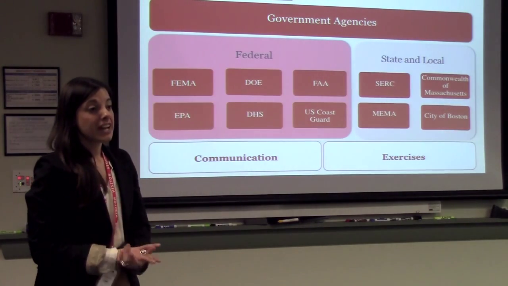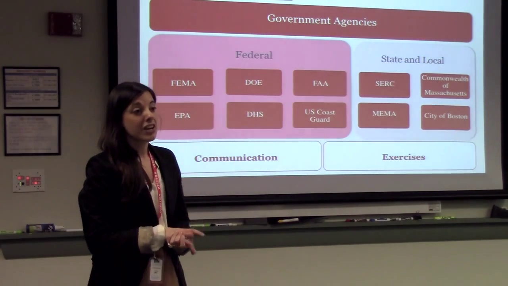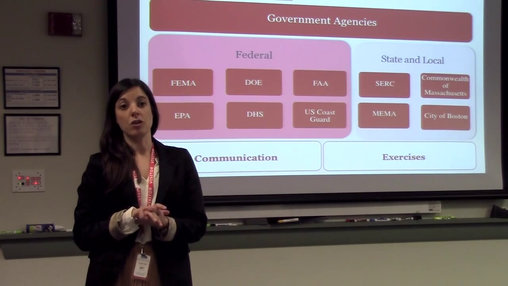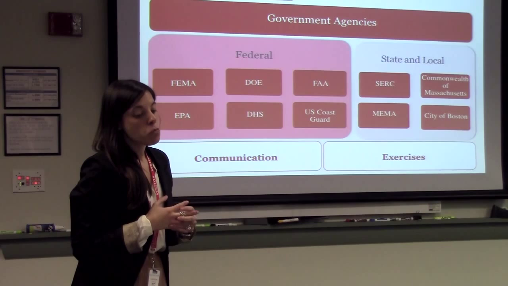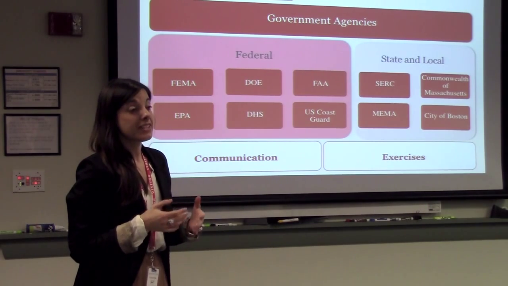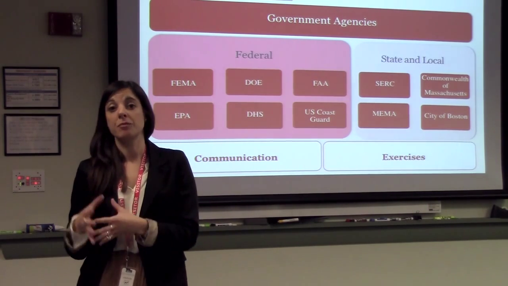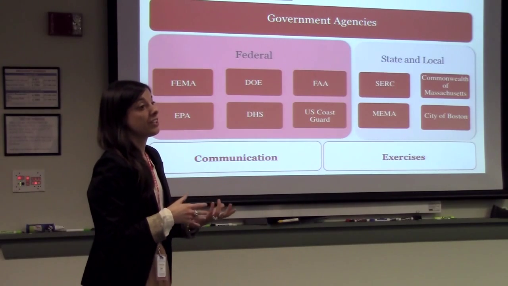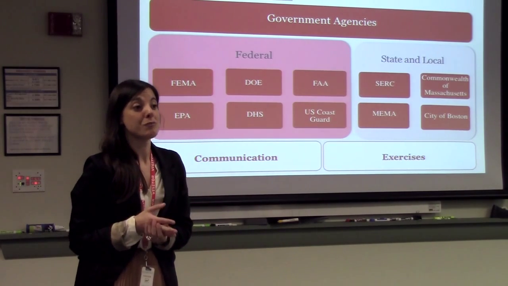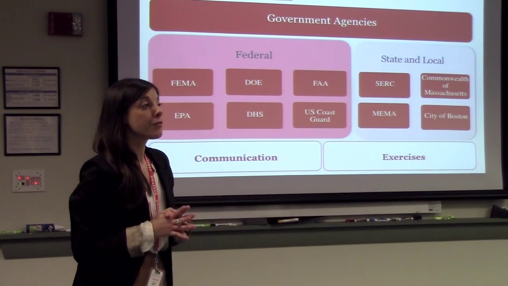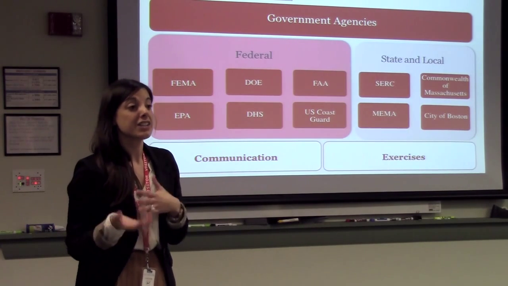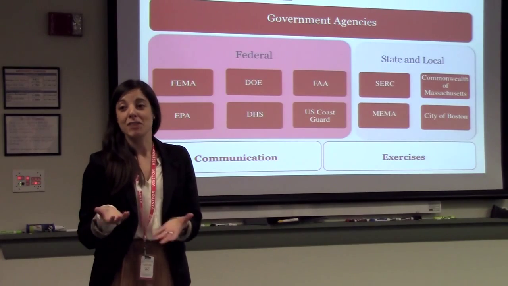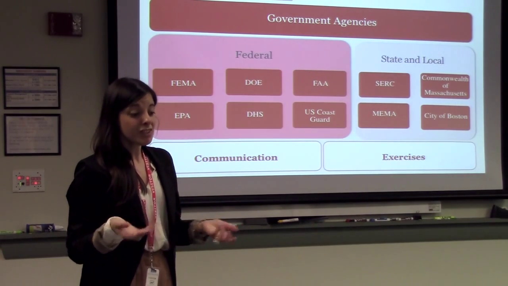Finally, we have identified some federal, state, and local agencies that should also be involved in resiliency conversations. We believe that in order to successfully implement some of the measures that we have suggested, these agencies should be involved. For example, if we want to install a flood plug in a tunnel, it's not something that Massport will decide alone.